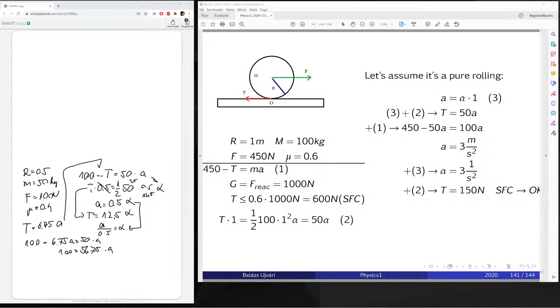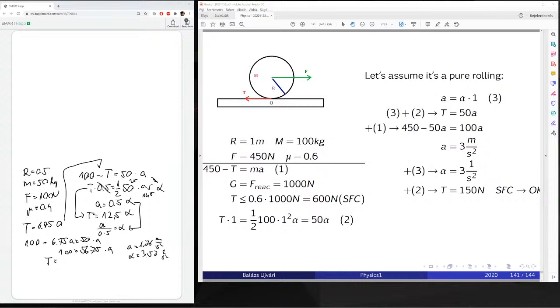Divided by 56.75, in my case A will be 1.76 meters per second squared, alpha equals 3.52 1 over second squared, and T equals, no, I think I missed something.